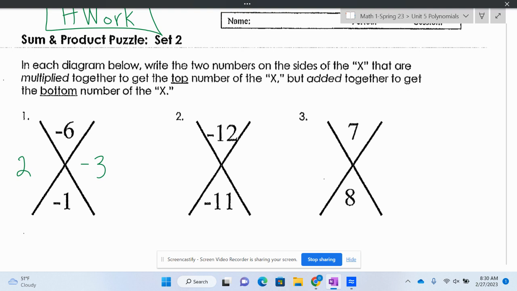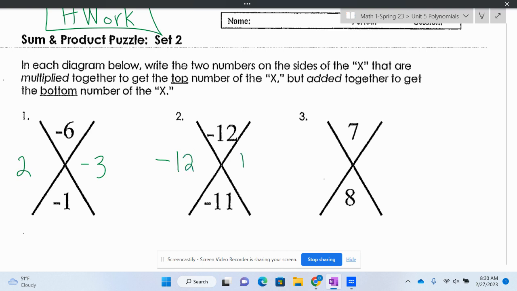Okay. What about number 2? Two numbers that multiply together to negative 12 that add to a negative 11. Negative 12 and a positive 1.